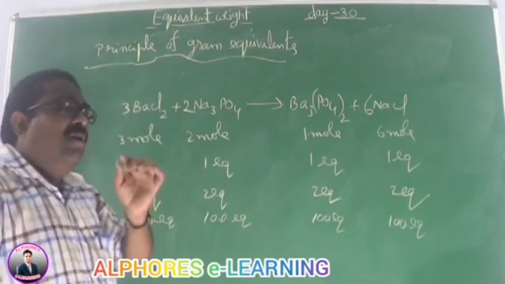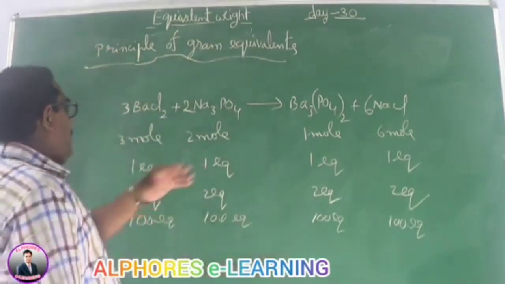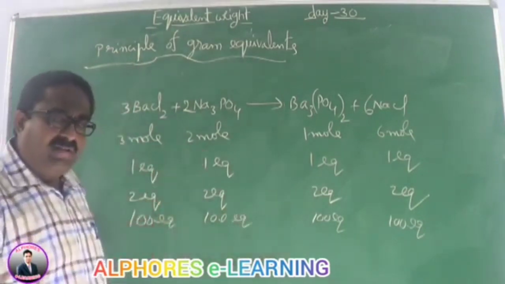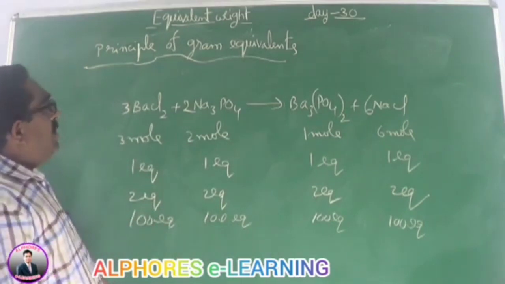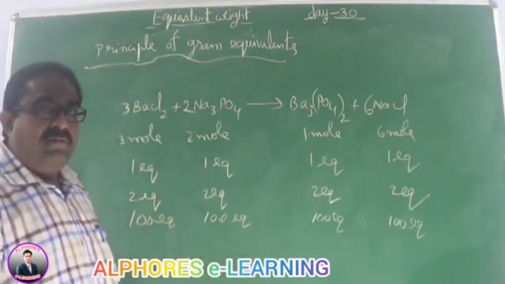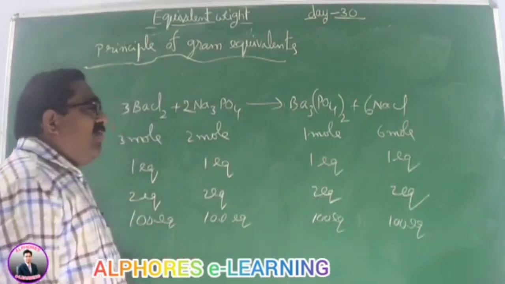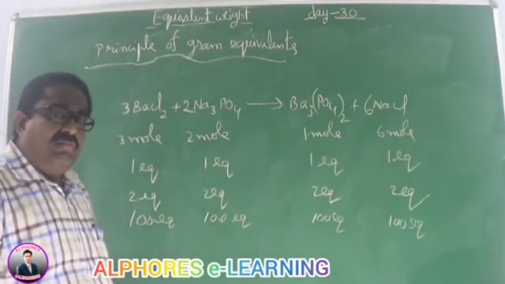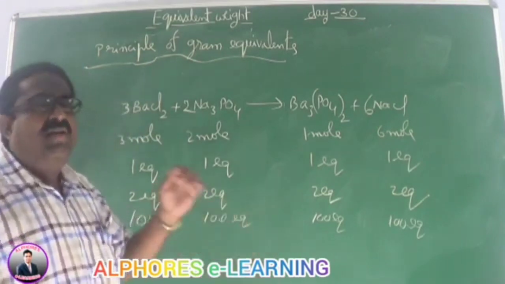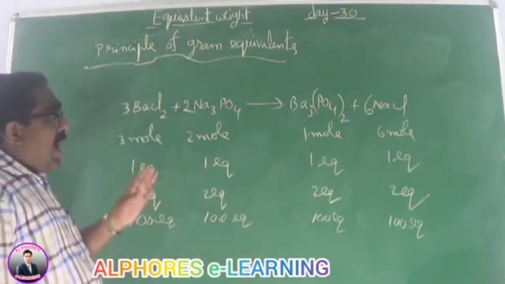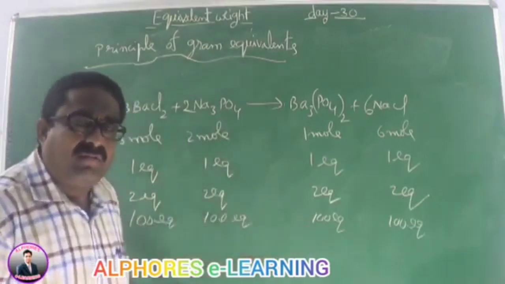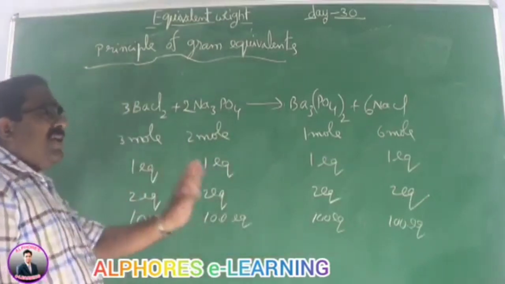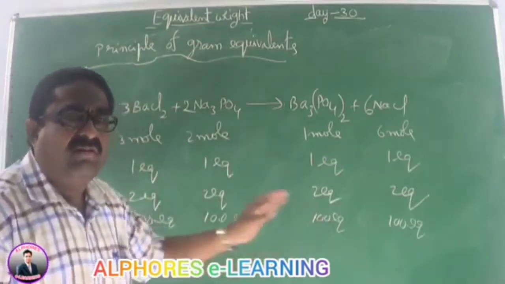Now you can write down, I will repeat the sentence 2 times. Write down the statement, students, concentrate. In a chemical reaction, the reactants always react in terms of their equivalents and form products only in terms of their equivalents.